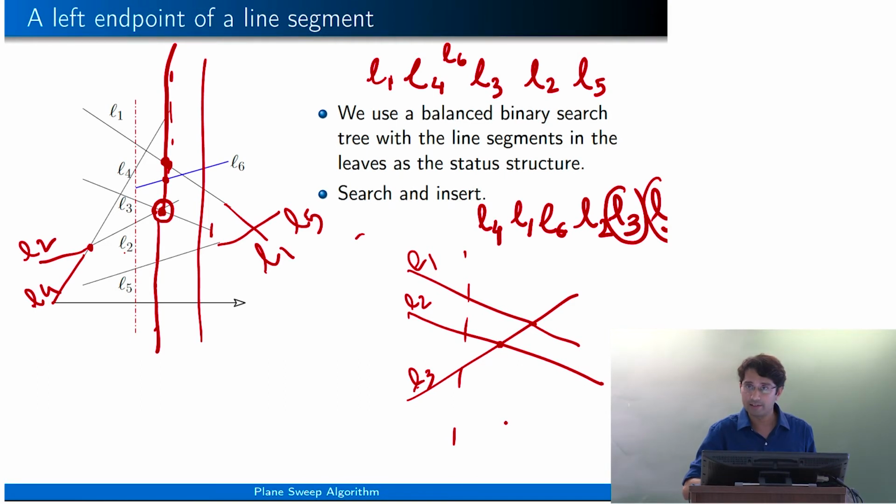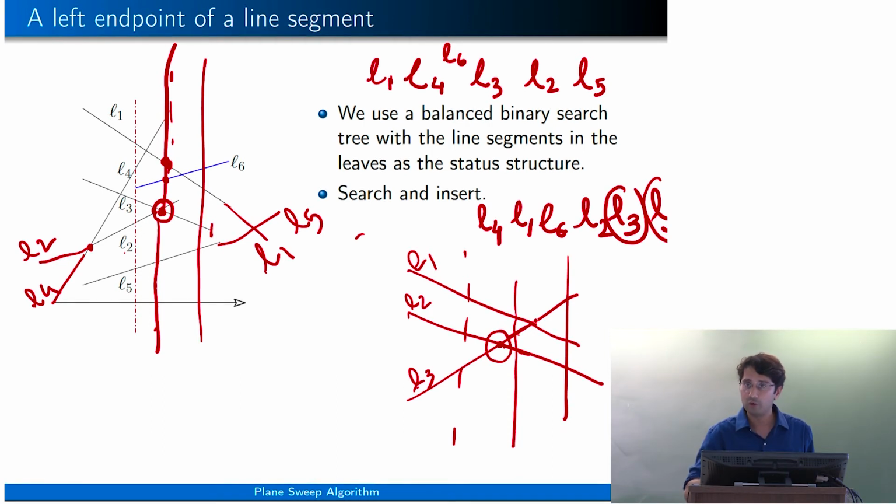At this point, L3 is here, L2 is here. If I don't check, the order changes here, and L3 and L1 become neighbors at this point. So I have to check at this point whether L3 intersects L1 or not. Otherwise, I will miss the event.